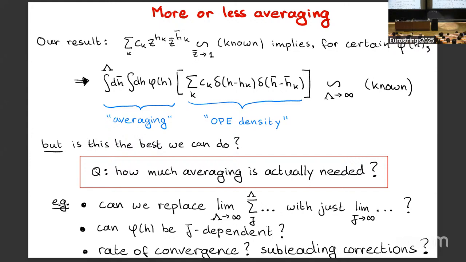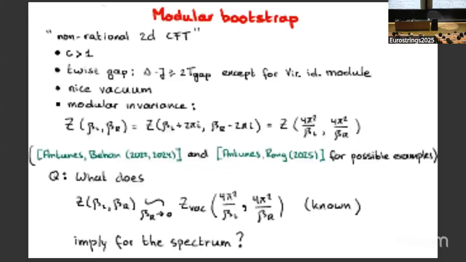We answered all these questions in the affirmative. We can replace the limits of the sum with just this limit. We can make test functions shrink in a particular J-dependent manner with the rate that you can find in the paper. We can say something about the rate of convergence and so on.